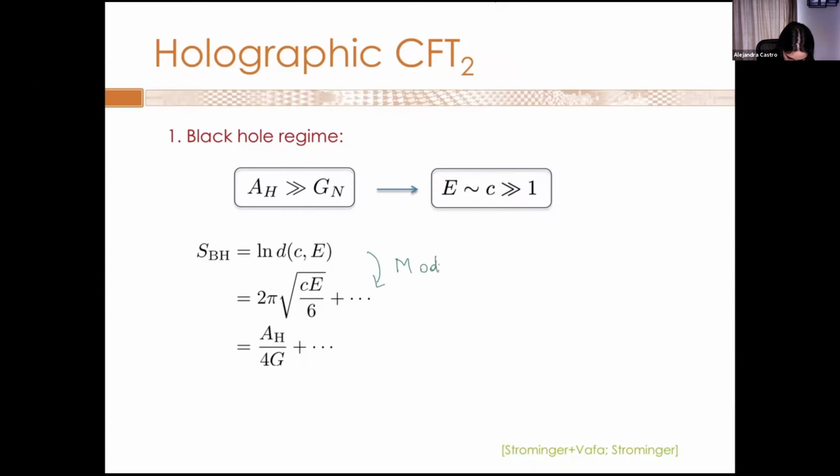and the CFT, going from this step to this other step, is basically dictated. So the easiest way to get this formula is via some modular transformation, which is known in our community as the Cardy formula, or in mathematics it would be called the Hardy-Ramanujan formula, the Rademacher asymptotic expansions, that tell you that at high energies, the number of states goes like the square root of C times E. And then from this step to this step, you're just using the AdS/CFT dictionary.